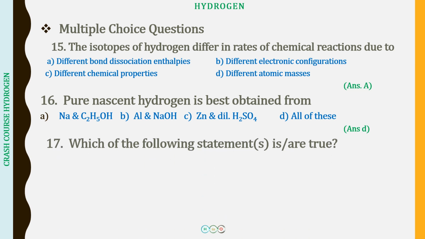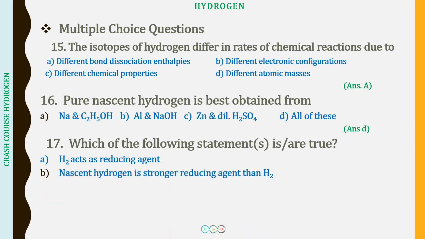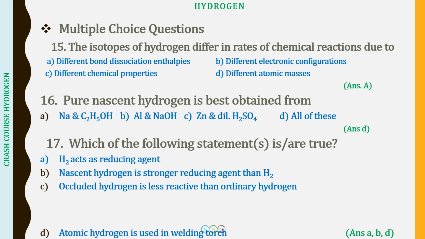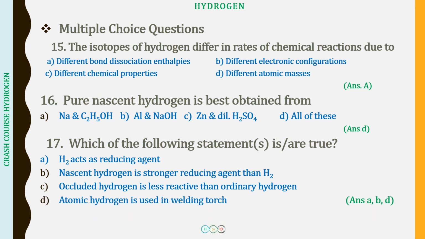Next we have: which of the following statements are true. The first is that hydrogen acts as a reducing agent. Next is that nascent hydrogen is a stronger reducing agent than H2. Occluded hydrogen is less reactive than ordinary hydrogen, and atomic hydrogen is used in welding torch.